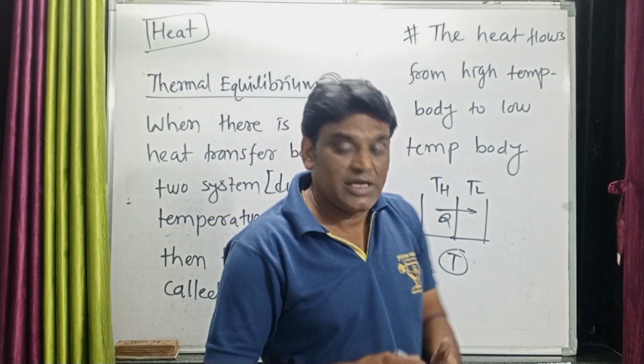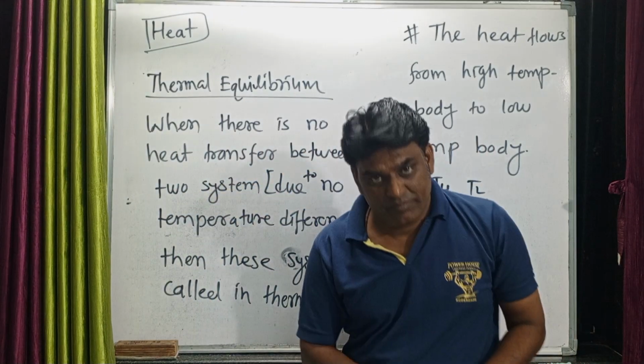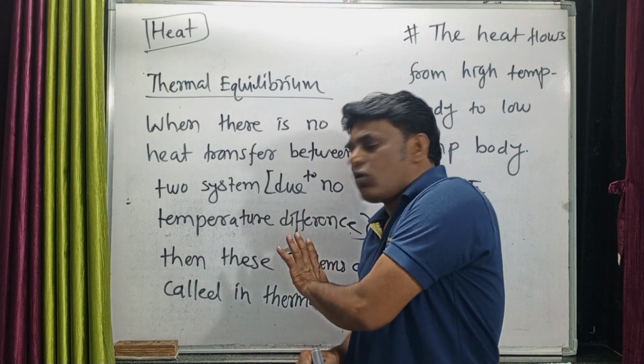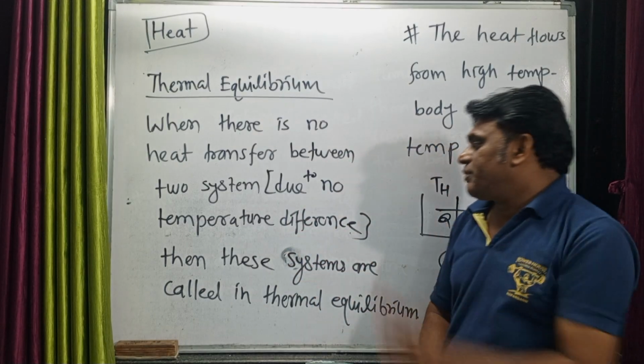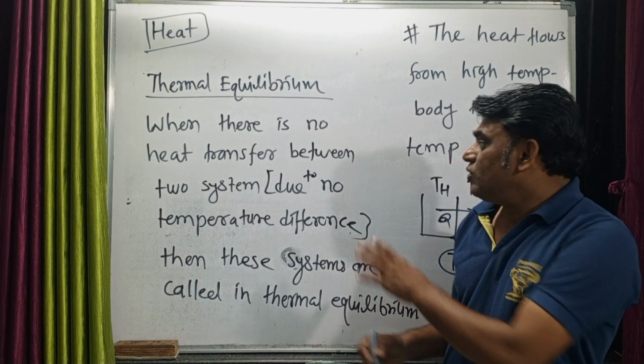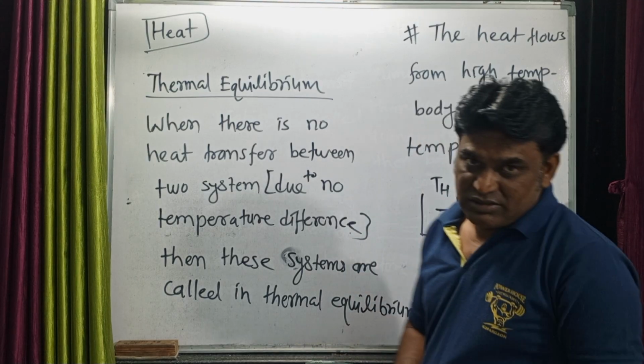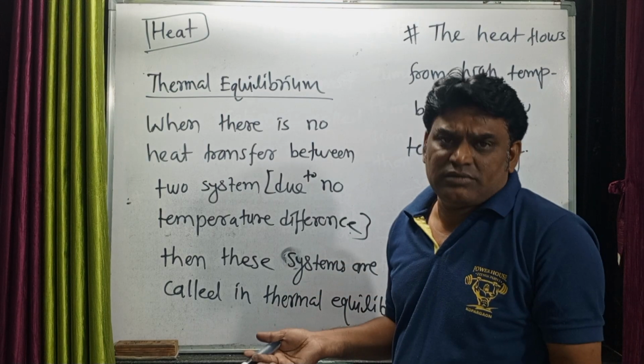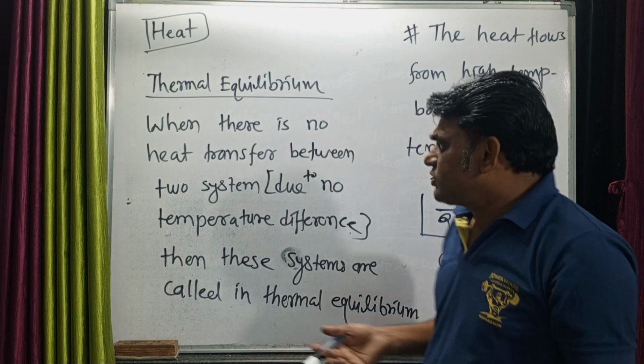Then and only then we can say they are in equilibrium. Most of the time the reason is no temperature difference, meaning bodies are at the same temperature. Okay? Yes or no?